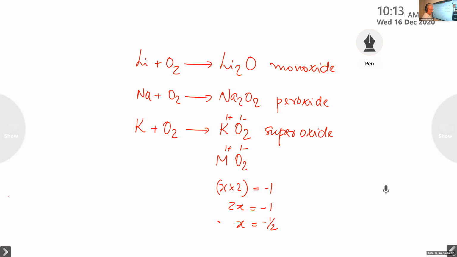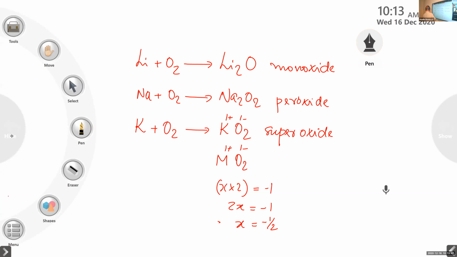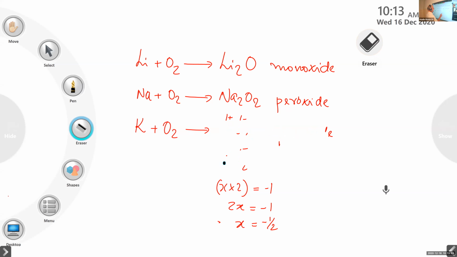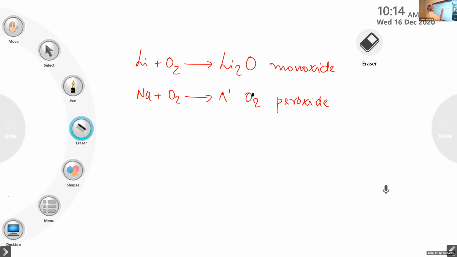We have to see one more reaction, that is their action with water. You have studied the reaction of alkali metals with water. You know, alkali metals are highly reactive. Why are alkali metals highly reactive?